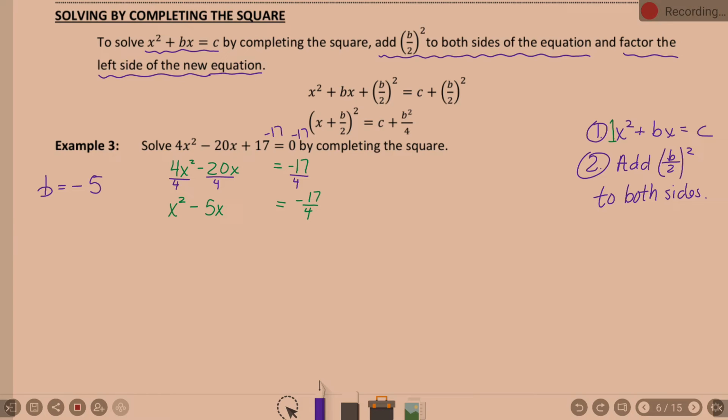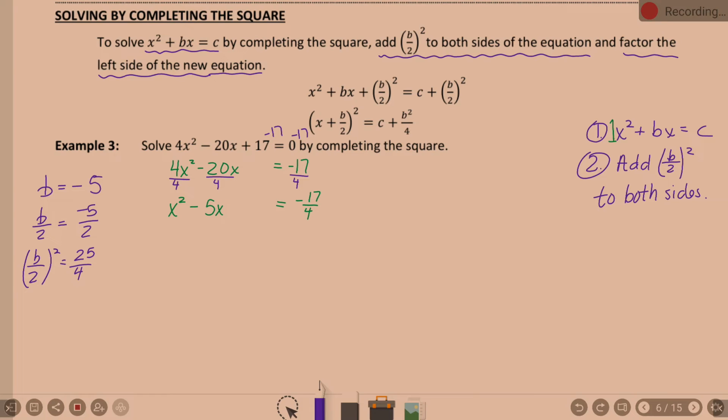I don't know how much you want me to go step by step. What's b over 2 going to look like? Negative 5 over 2. And if I do b over 2 squared, that becomes 25/4. Negative 5 squared is 25, 2 squared is 4, so 25/4.